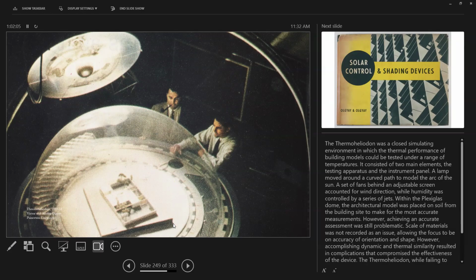It has fans inside that are supposed to simulate wind, and it has earth inside that's supposed to simulate humidity, and it has lamps inside and the sun overhead. It was supposed to be a total environmental simulator of a building. I think they were never able to actually get it to work, but very inspiring, I think.